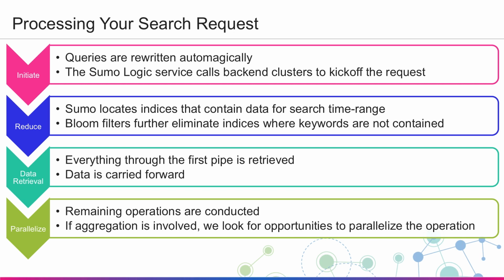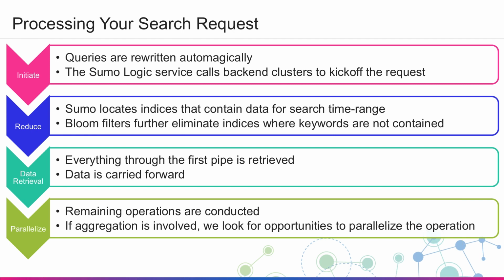So basically what it does, it removes false negatives, excuse me. So in the end, we're only left with the indices that do contain those keywords that you have. Okay. After that data reduction is done, then we basically retrieve your data. Everything through the first pipe is retrieved and is carried forward to the remaining set of operations.